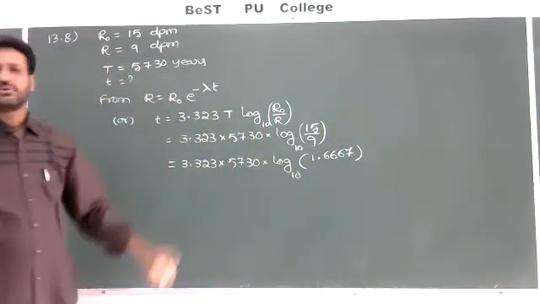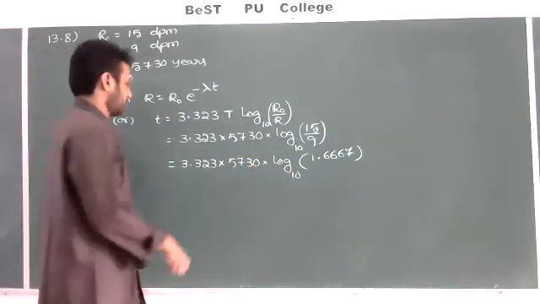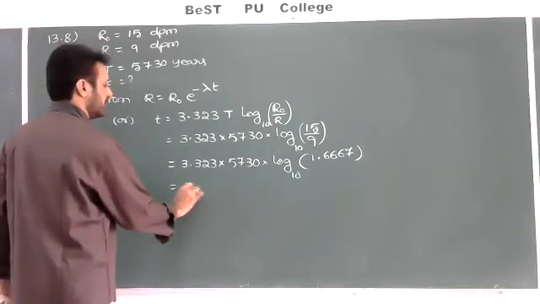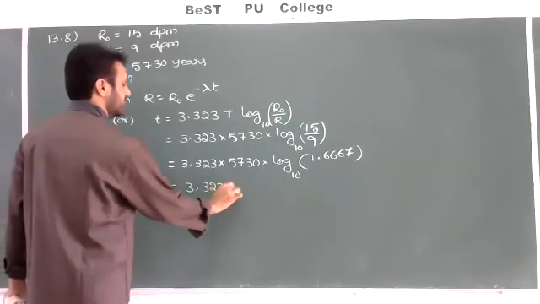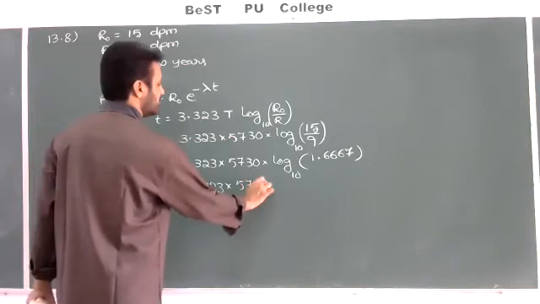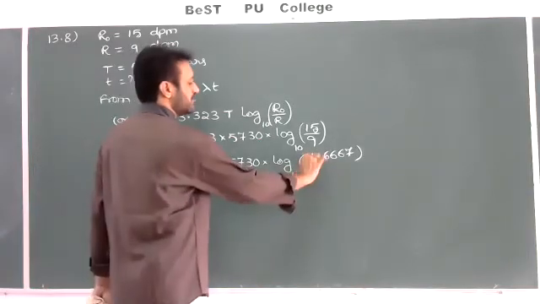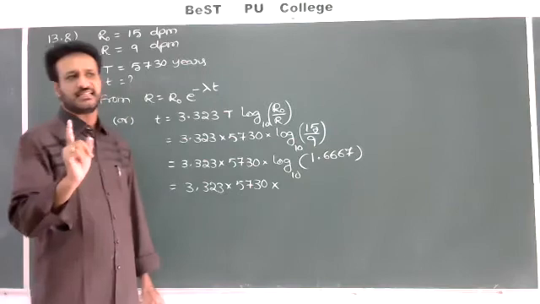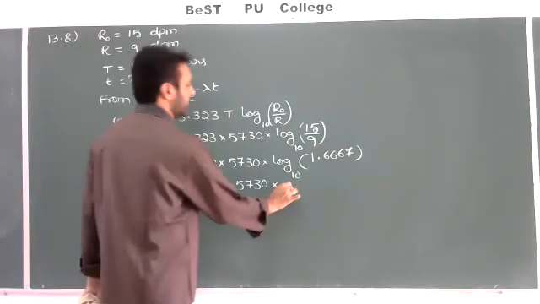So this value we have to check in the logbook. Before the decimal point there will be only one digit, which means it is 0.